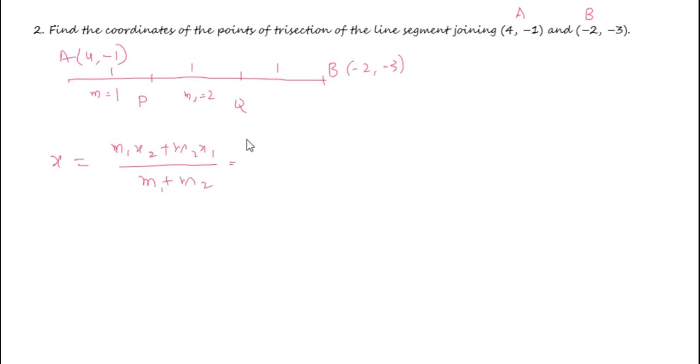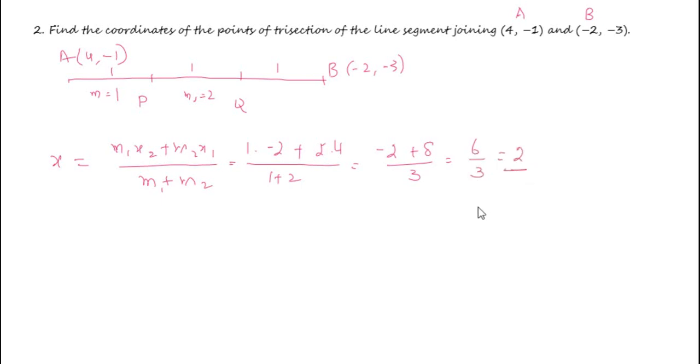Now m1 is 1 into x2. This is x2, y2. So x2 is minus 2, plus m2 is 2 into x1. x1 is 4, divided by 1 plus 2. So this becomes minus 2 plus 8 divided by 3. So 6 divided by 3 equal to 2.